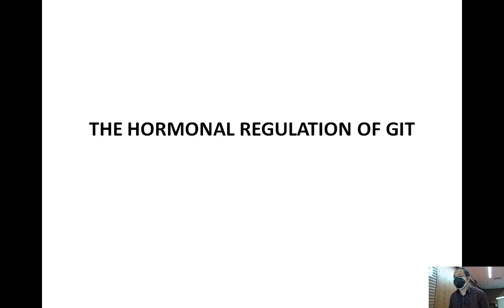So when we talk of hormones regulating GIT, it refers to that hormones also play an important role in controlling the secretion and motility of the GIT. Understand? So that is the overall. When you generalize, the function of the hormones, that is basically the two functions.